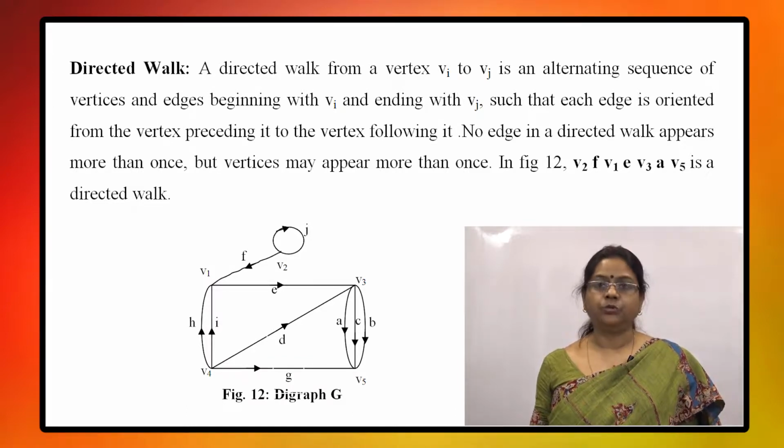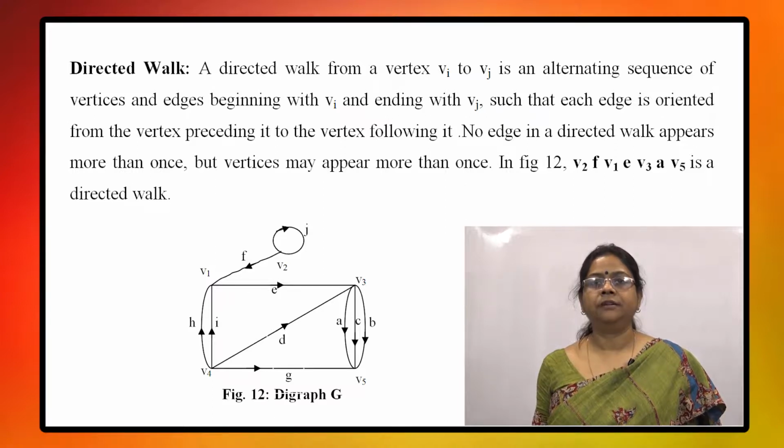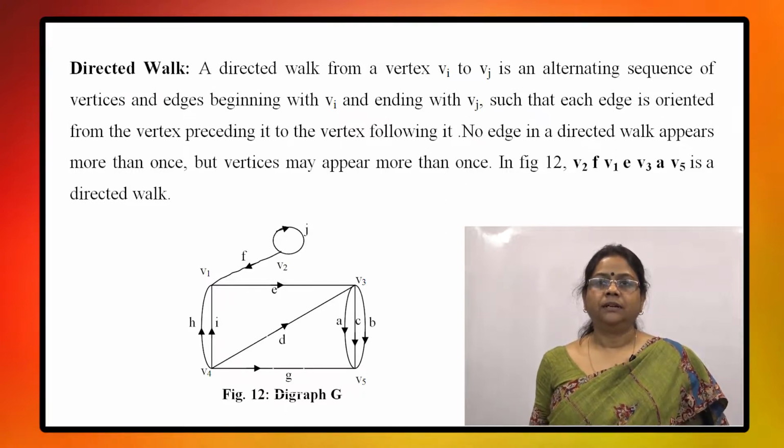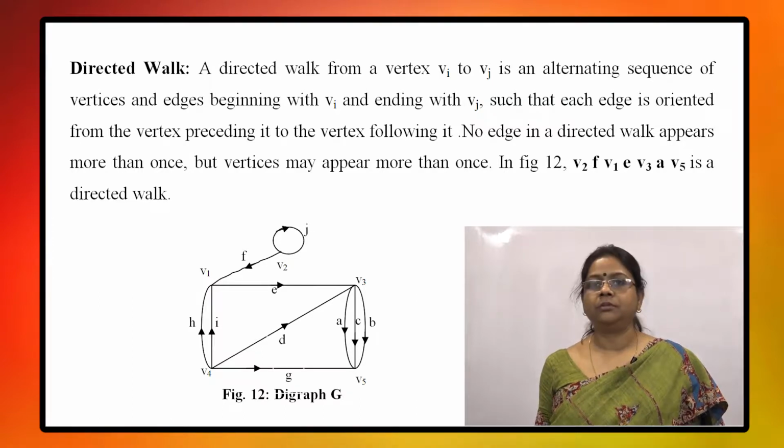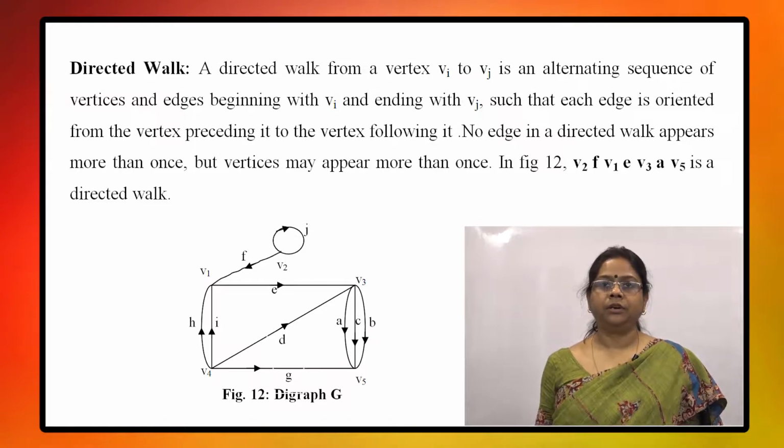In figure 12, we can see a directed walk which is V2, F, V1, E, V3, A, V5. So if the arc F is oriented from V2 to V1, arc E has to be oriented from V1 to V3, and A goes to V5 from V3. So it is a directed walk.